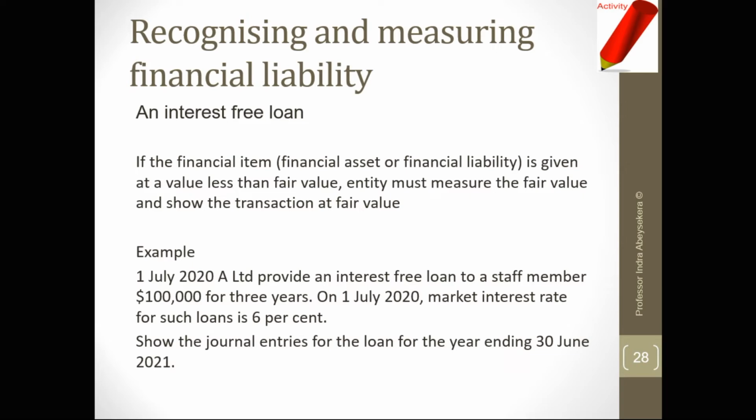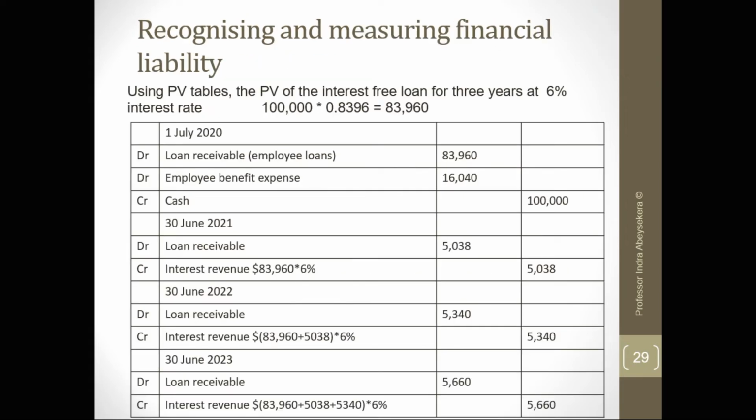So let's look at how we record this transaction. The first one is that we have to discount the loan to present value using the market-based interest rate of 6%, which means the value of the loan in present terms is 83,960.